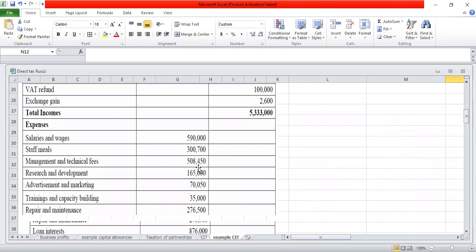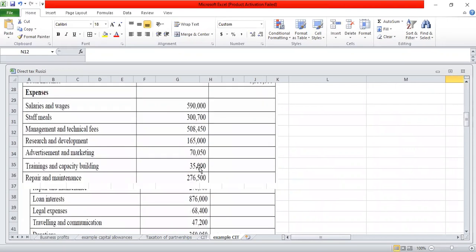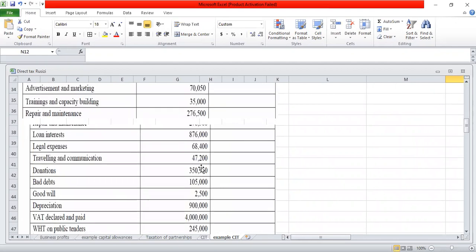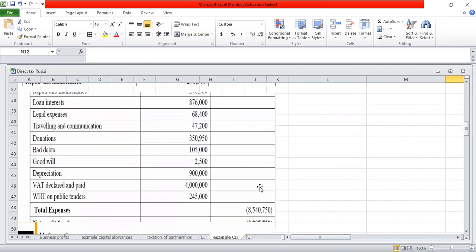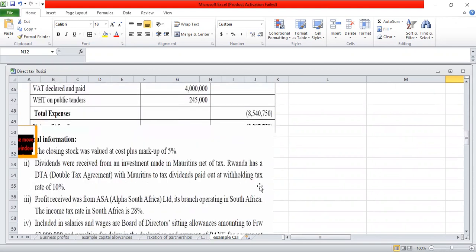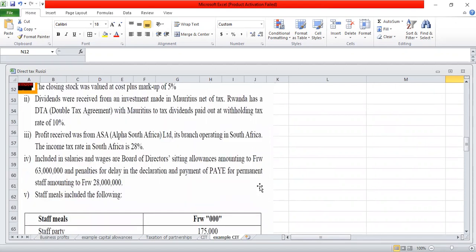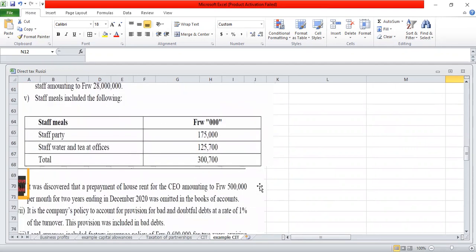Then I go to another one, donation. I don't know whether they gave us information on donation. Any information on donation?